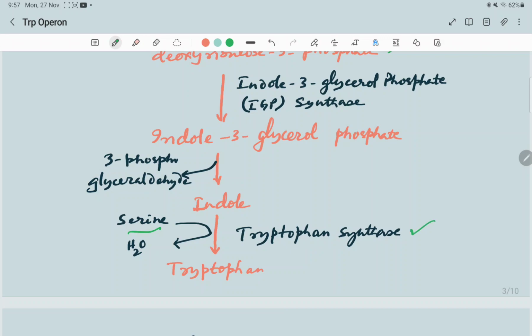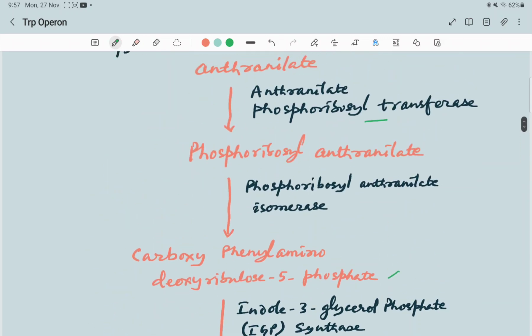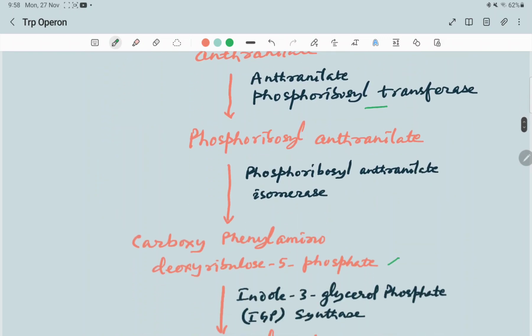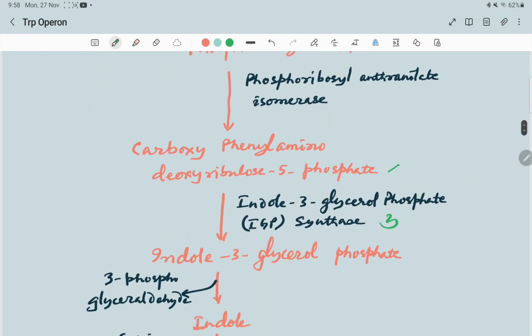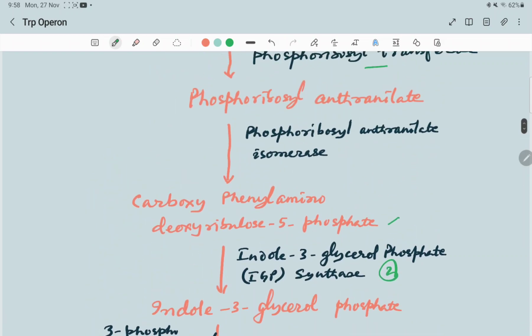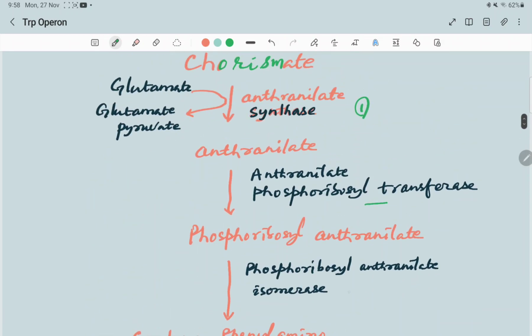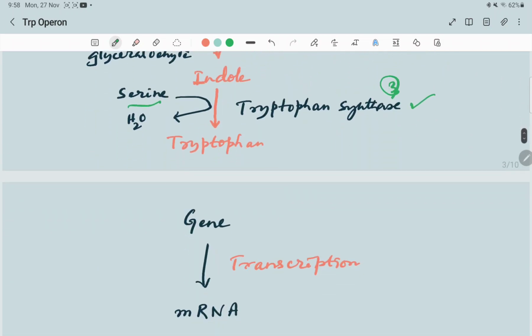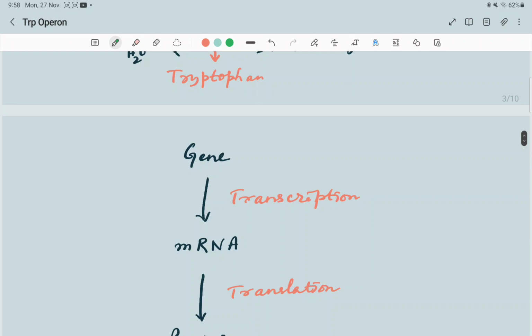So for tryptophan synthesis we require 3 synthase enzymes. One is anthranilate synthase, 2 is IGP synthase, and 3 is tryptophan synthase, and the other 2 enzymes are isomerase and transferase. So these 3 enzymes are produced from these structural genes.